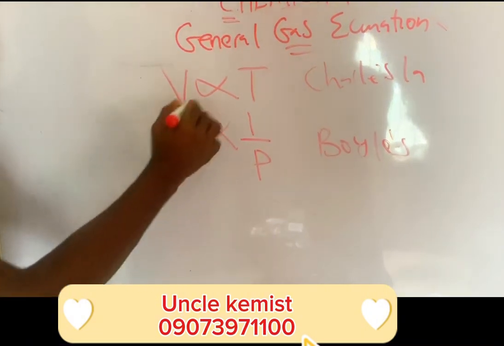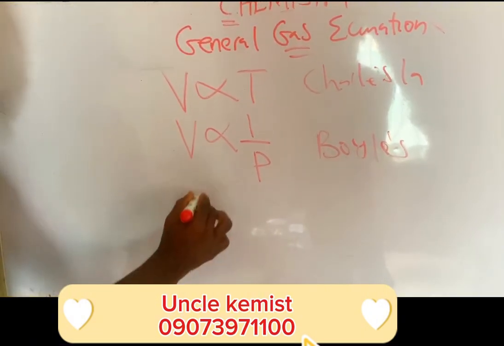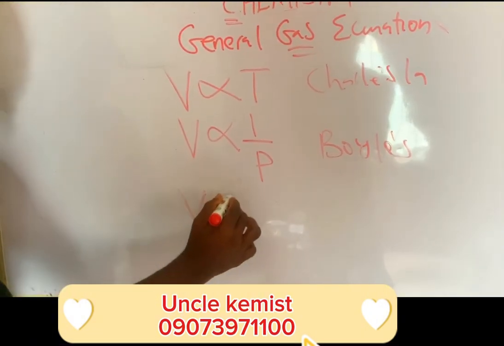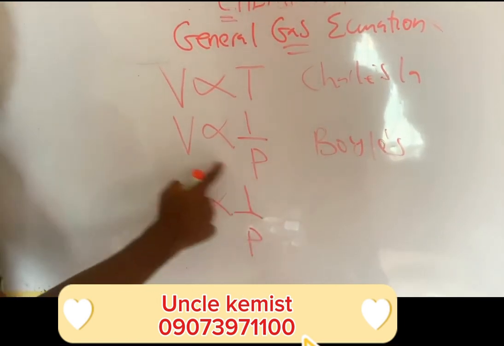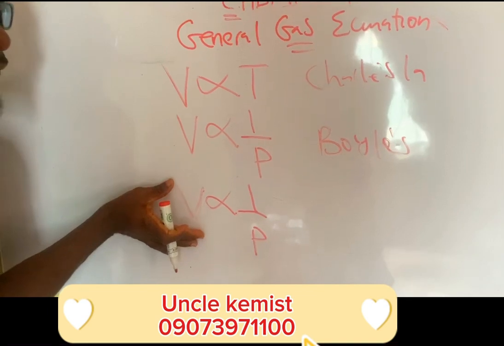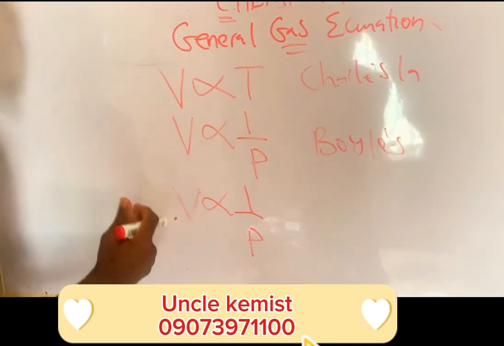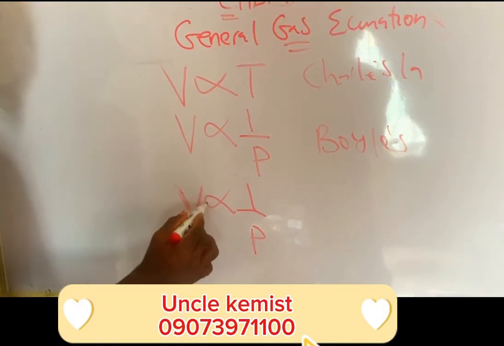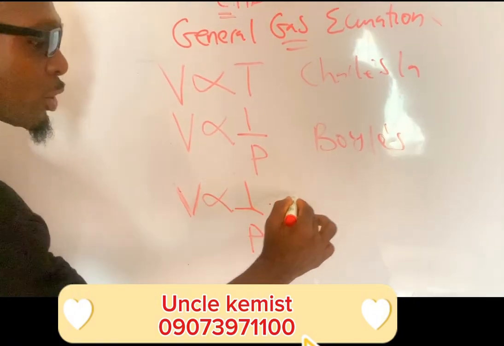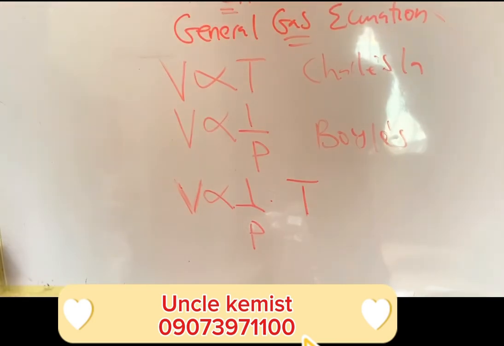Now, we're going to start with Boyle's law. The volume of a fixed mass of gas is inversely proportional to the pressure. Now, I want to use the same volume to connect with temperature in Charles' law. The volume of a fixed mass of gas is directly proportional to the temperature in Kelvin.